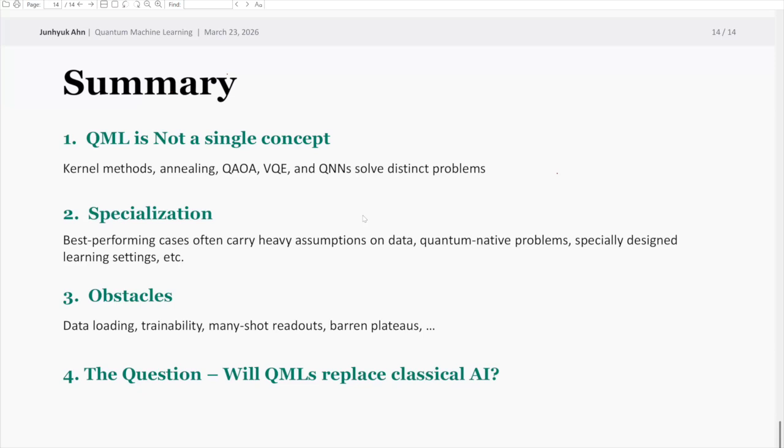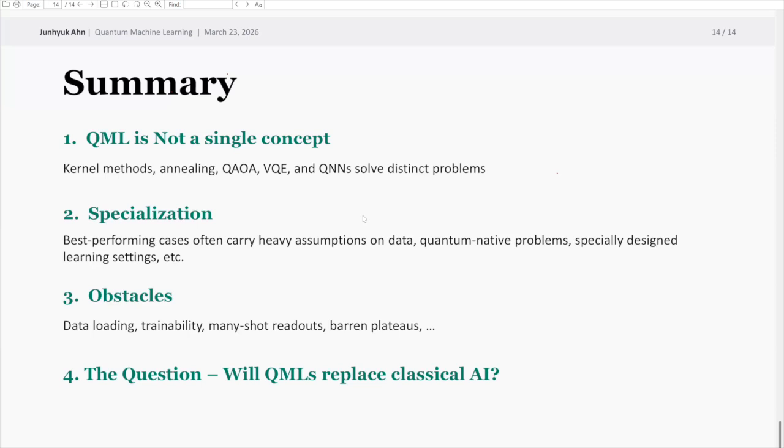The best performing cases often carry heavy assumptions on data, such as that they have to be quantum-specific or on a certain group of data, and they are specially designed to perform well in quantum settings. So there is no golden answer like the current state of LLMs. The obstacles include data loading, trainability, many-shot readouts, barren plateaus, and many more.